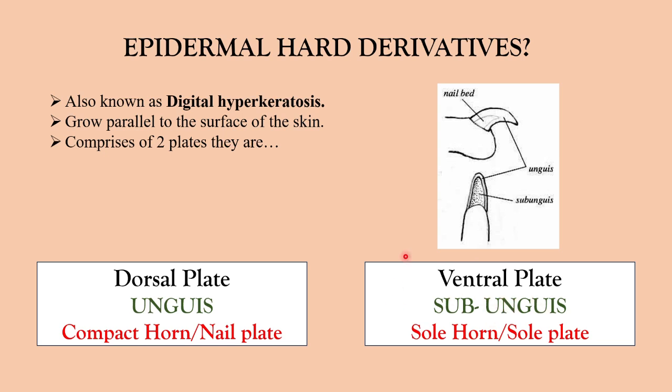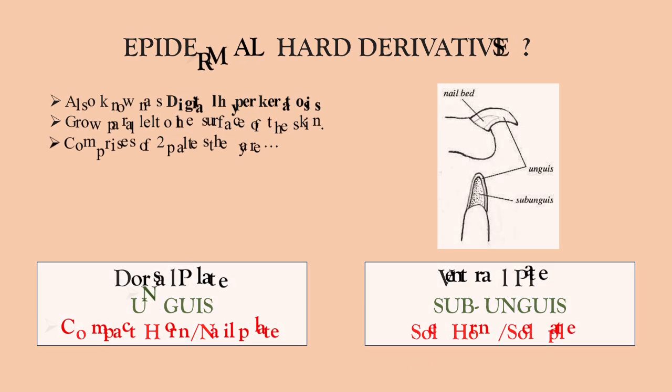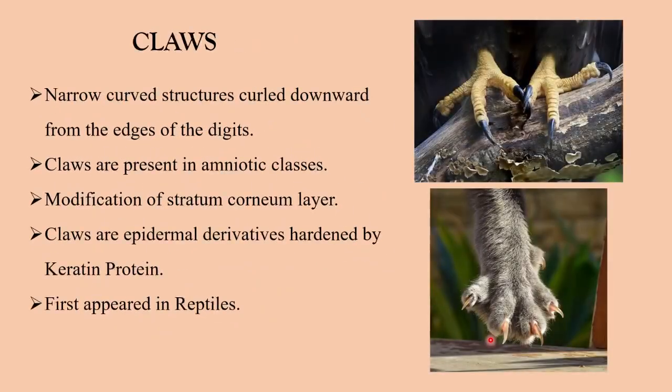In this picture, you can see a basic structure of the nail bed where the upper part is the unguis and the lower part is the subunguis. The dorsal plates are the compact horns or the nail plates, whereas the ventral plates are the sole horns or the sole plates.